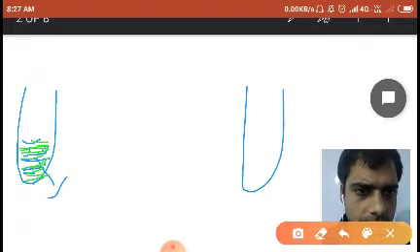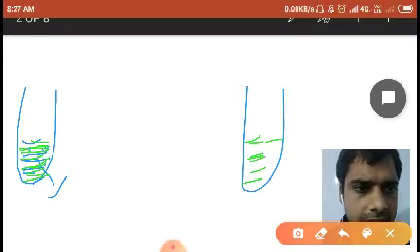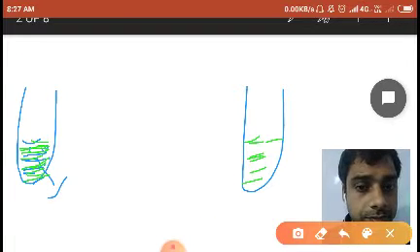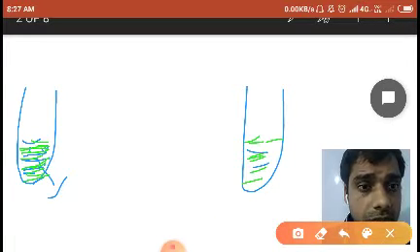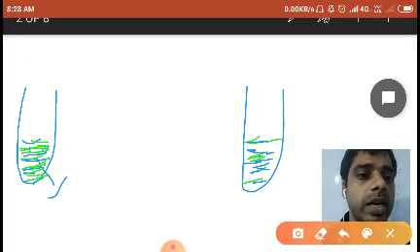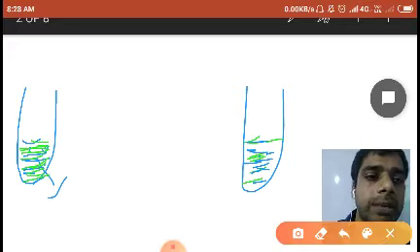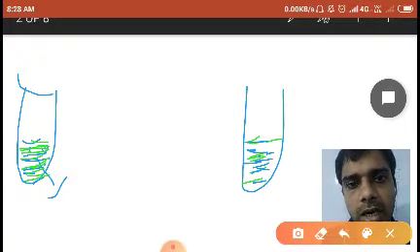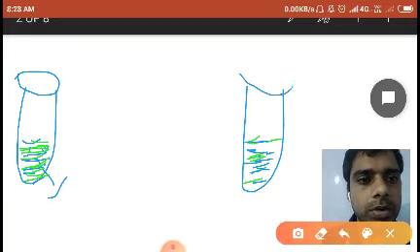And in this one also the same thing is there: HCl is present, and metal bicarbonate is also present. So here I have metal bicarbonate and HCl, and here metal carbonate and HCl. Now all the things are present. Now I will keep the cork.